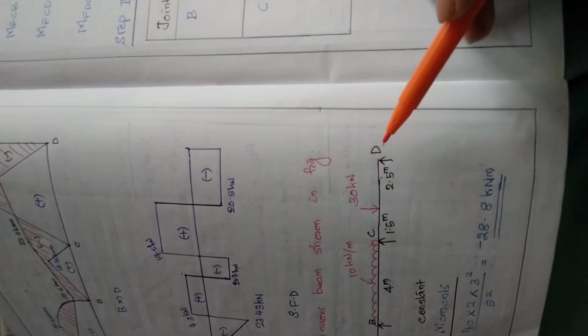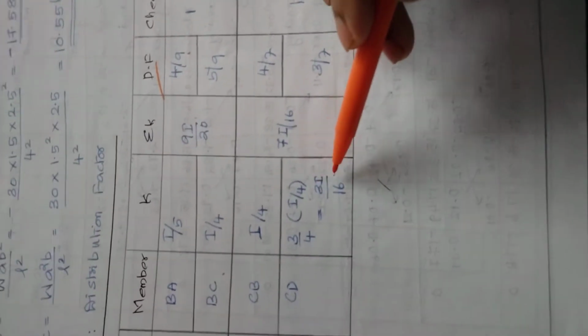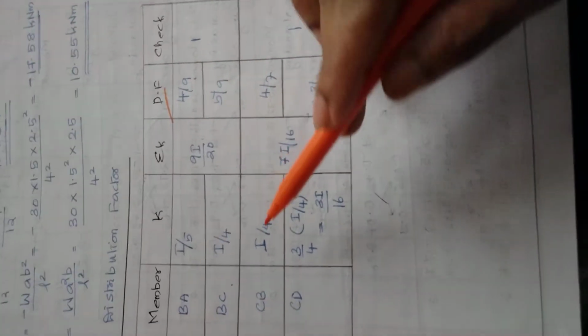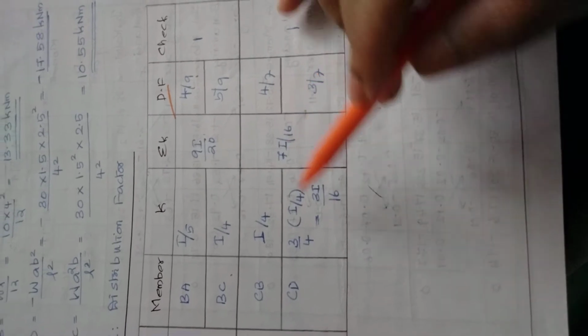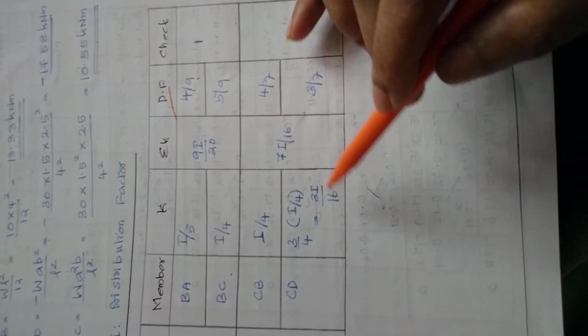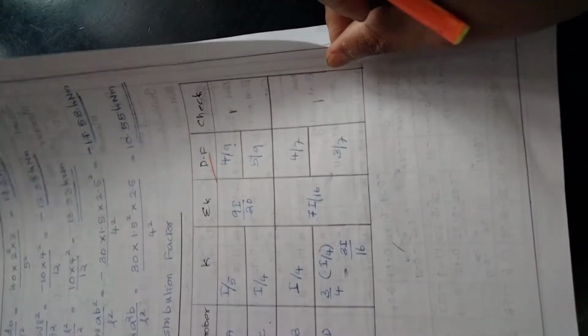But D is a simply supported end, so it will be 3 by 4 into I by L, that is 3 by 4 into I by 4, which is 3I by 16. Find out sigma k. For CB it will be I by 4 divided by sigma k, and for CD it will be 3I by 16 divided by sigma k: 4 by 7 and 3 by 7. Sum is 1. So the distribution factors are correct.